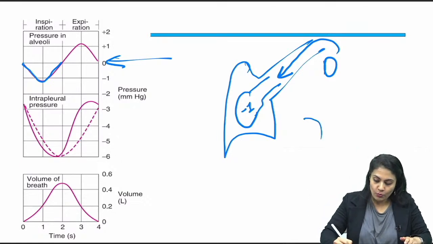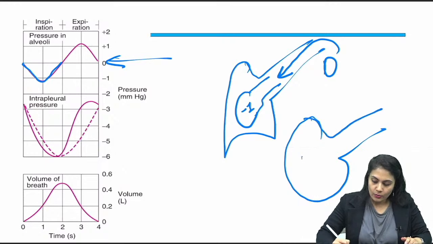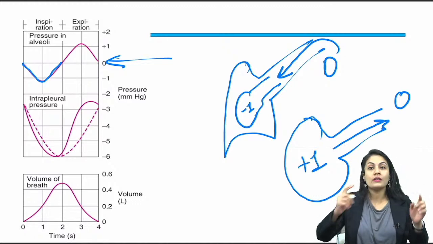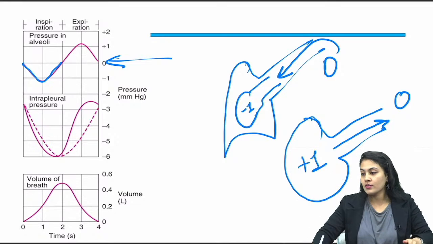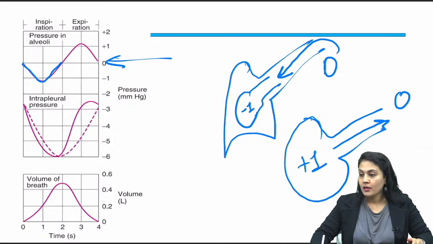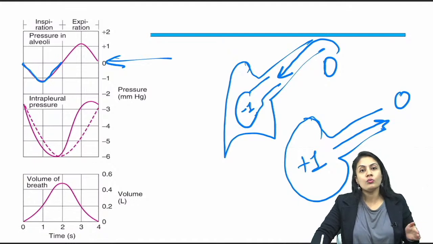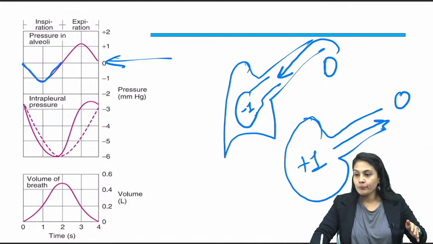During expiration, suppose this is the alveoli. It is going to be +1 and 0, so the gradient is towards outside, from high to low pressure. Over here we are talking about pressure, so air always goes from higher to lower pressure, right?